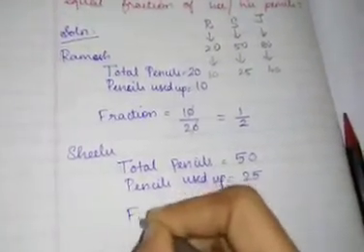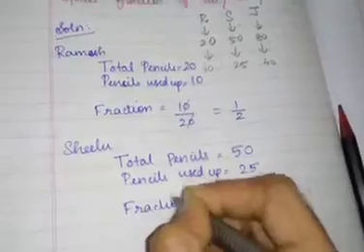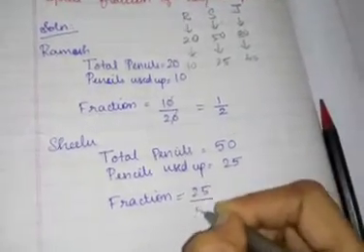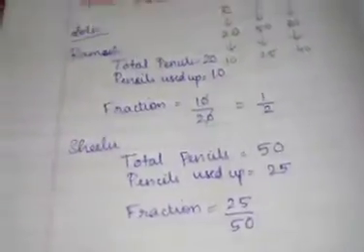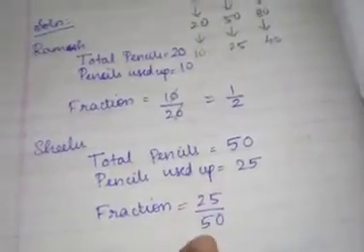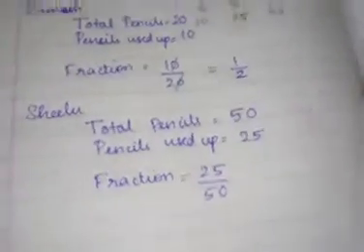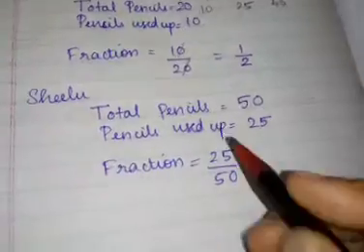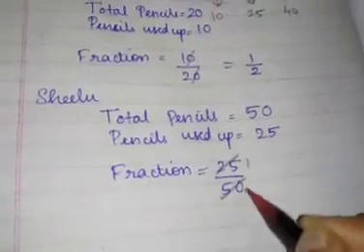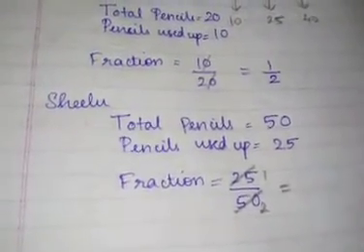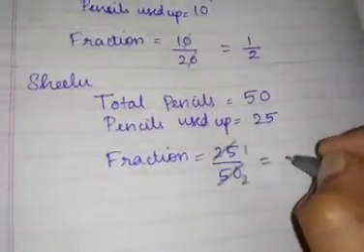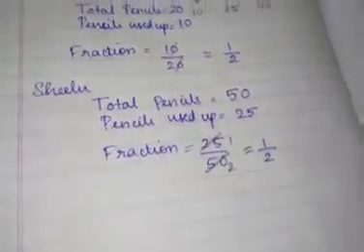So what will be the fraction for them? 25 by 50. Why? Because 25 is the used pencils divided by the total number of pencils. So can we cancel this? 25 ones are 25, 25 twos are 50. So what is the answer? What is the simplest form fraction you are getting? 1 by 2.